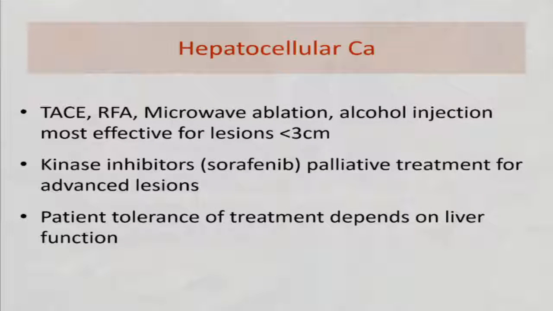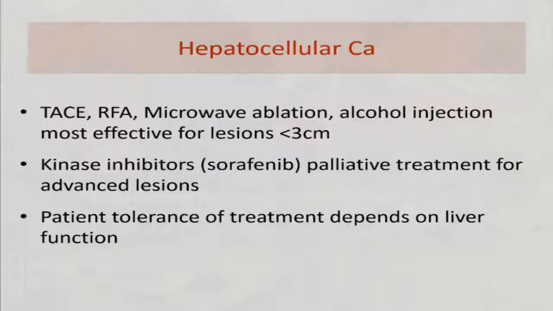Treatment modalities are available in this country: transarterial chemoembolization, radiofrequency ablation, microwave ablation, absolute alcohol injection, and these are most effective for small lesions less than 3 centimeters in size. And for patients who have extensive disease, palliation is usually with kinase inhibitors like sorafenib.